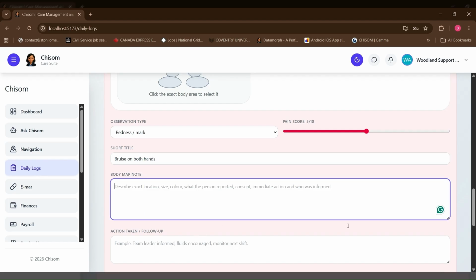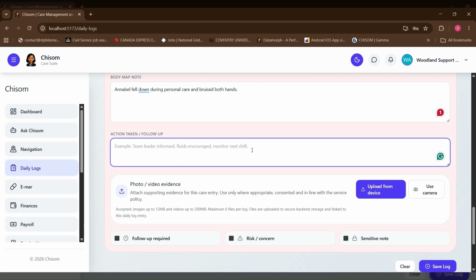Then I can come over here and say Annabelle fell down during personal care and bruised both hands.